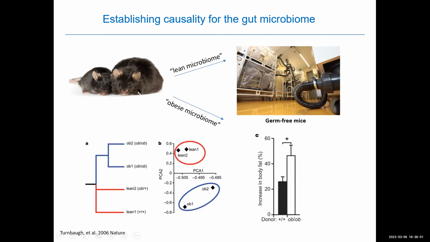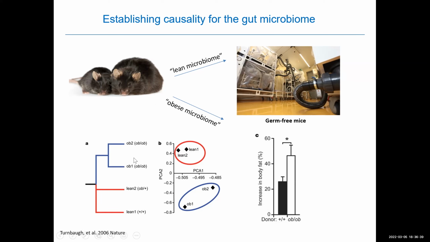And when he looked at the gut microbiota composition of these mice, he observed that the obese mice had a gut microbiota composition that is different from the lean mice. So what he did next, to see if the gut microbiota would be responsible for this phenotype, is that he extracted the gut microbiota from these two mice and transferred the microbiome into germ-free mice, right?